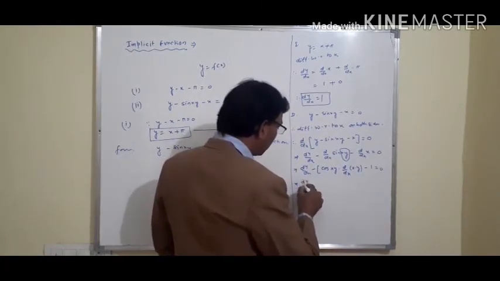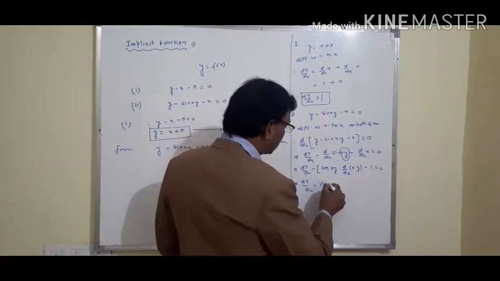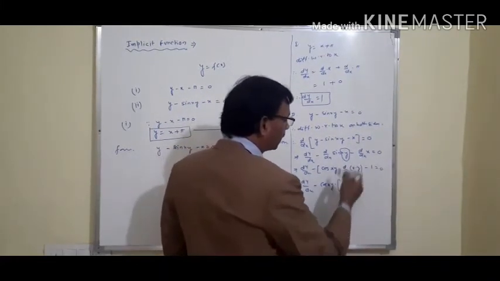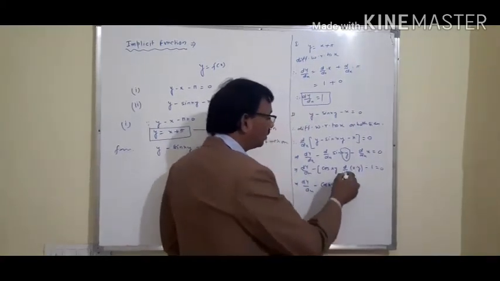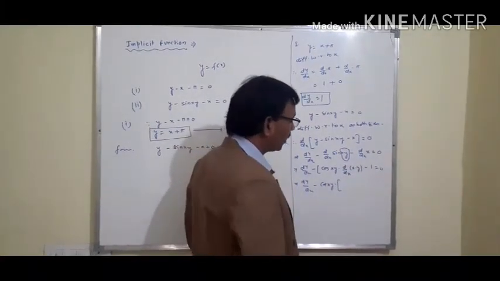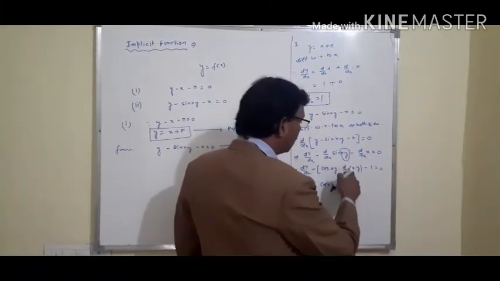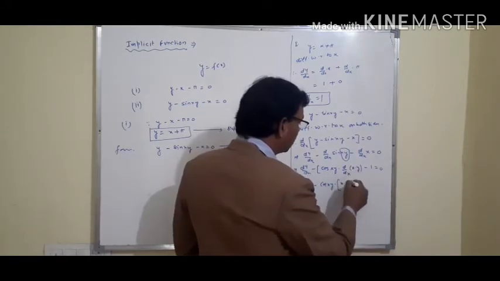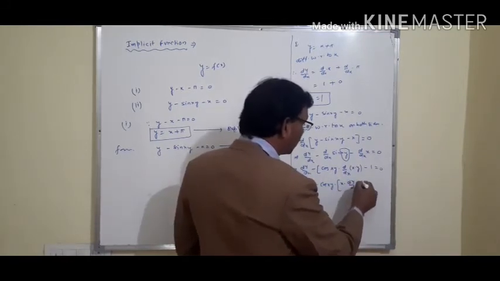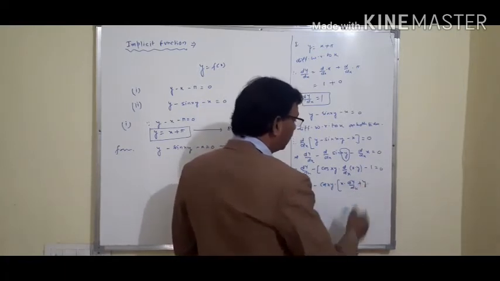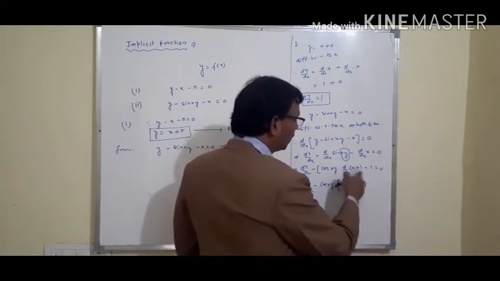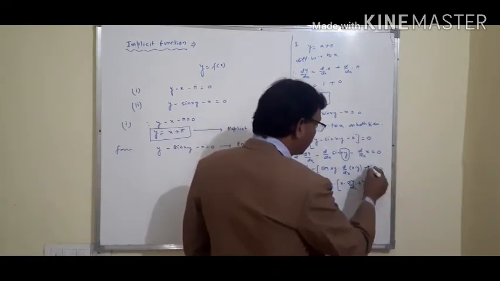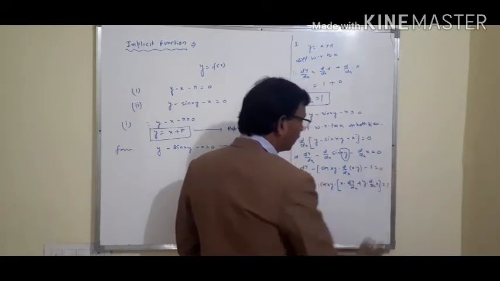Now dy upon dx minus cos of xy into d by dx of xy. This is a product, so we apply the product rule, that means first function x into d by dx of y, this will be dy upon dx, plus second function y into d by dx of x, which is equal to 1. Then transfer 1 to the right side, so this will be 1.